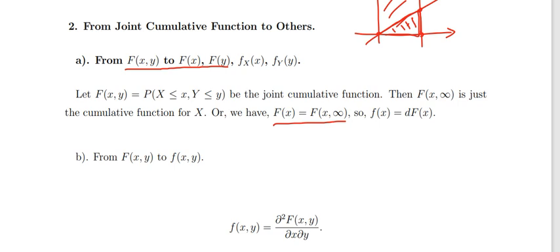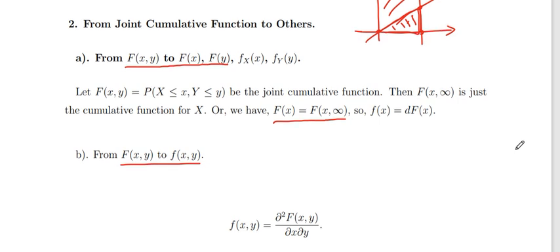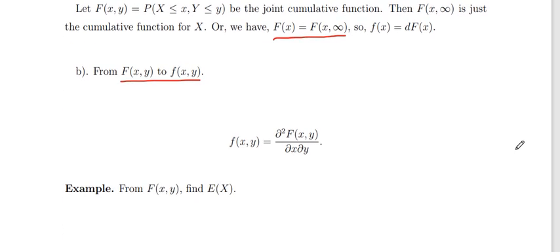And from the cumulative function to the density function, if it is continuous, we can use partial derivatives, but usually if it is not continuous, we cannot use this. So from the cumulative function, we should go to the density function first.